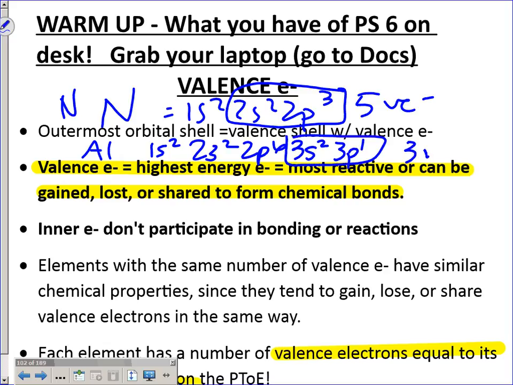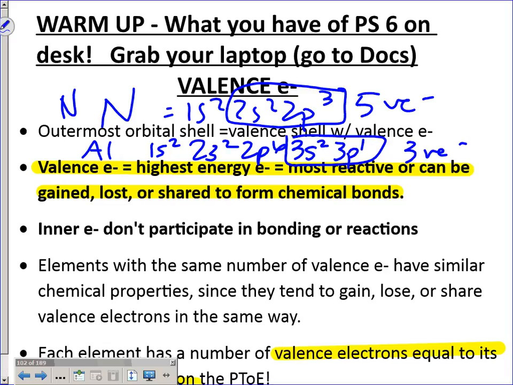Okay, so can you guys now just look at the periodic table without actually writing down the electron configuration and tell me how many valence electrons every single representative element has? Everybody in group 1 has how many valence electrons? One, because they all end at s1. Hydrogen, lithium, sodium, and so on have one valence electron.